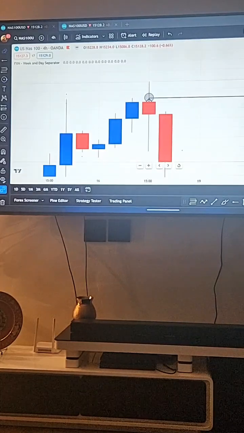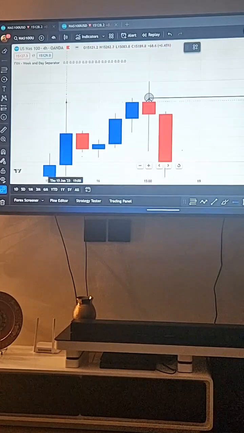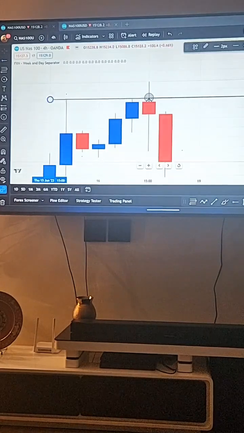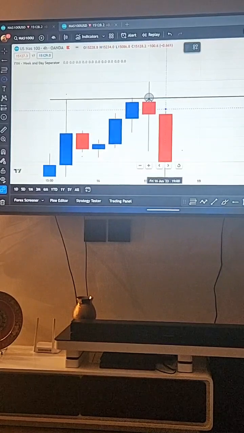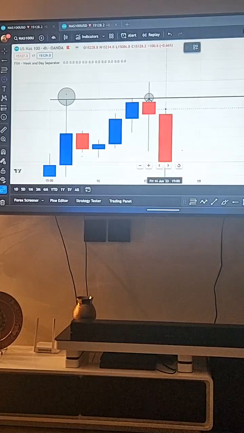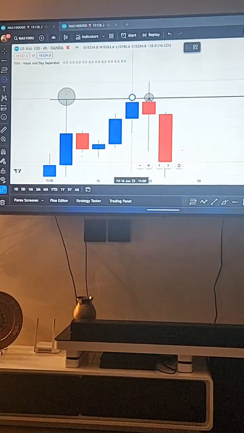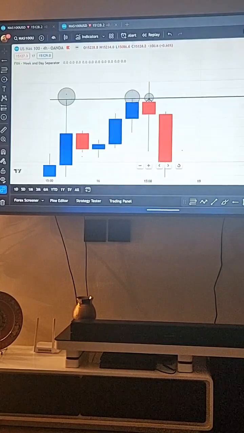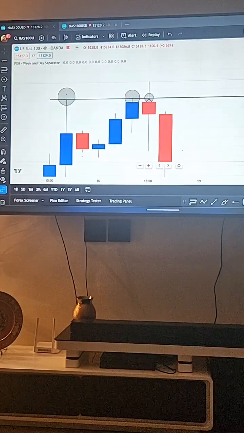If we look over here, there were orders sitting at this level, and then there were orders now sitting at this level, because they failed to take out the orders that were sitting on their left-hand side, sorry.